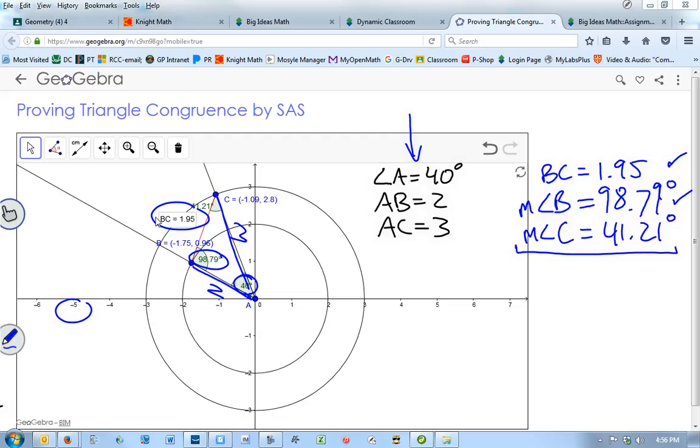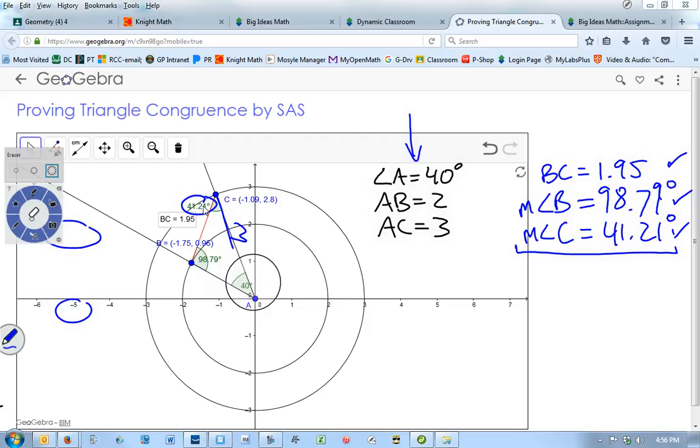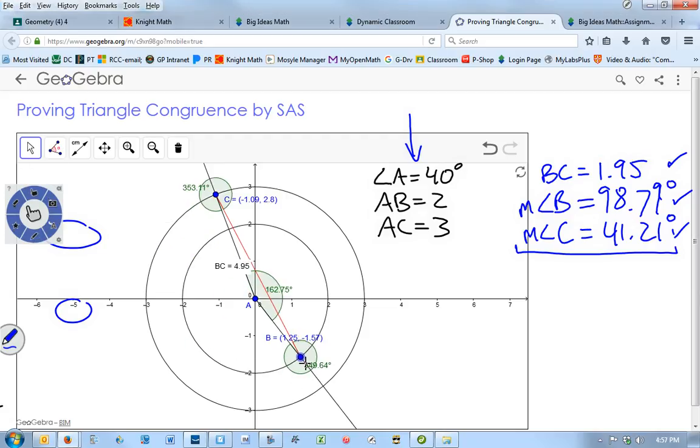Check. This angle up here is 41.21. Check. So the triangle I have now is congruent to the one we had a few seconds ago. Is that always going to be true? If I set this to 40 degrees, 2, and 3, will I get that same exact triangle? I don't know. Let's find out.